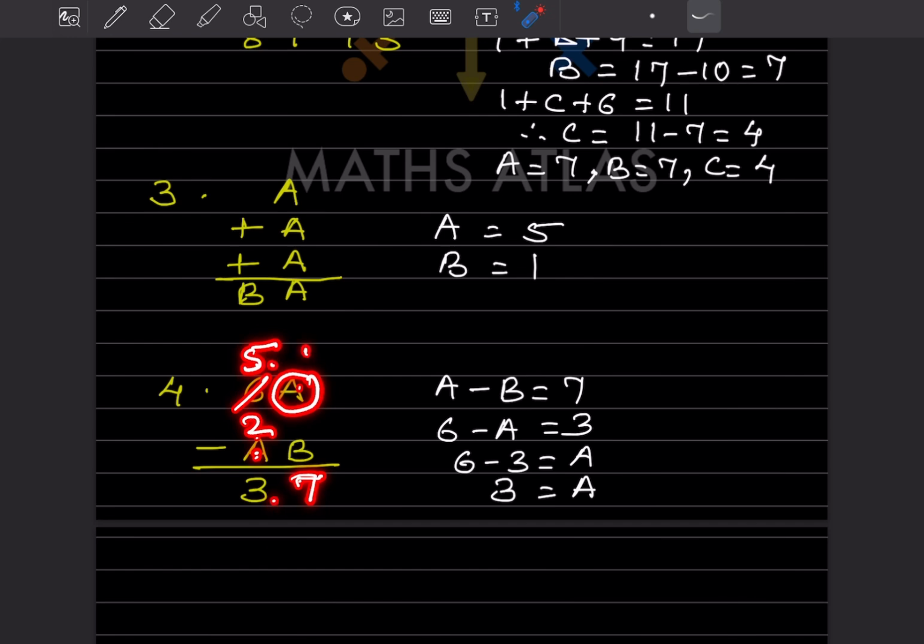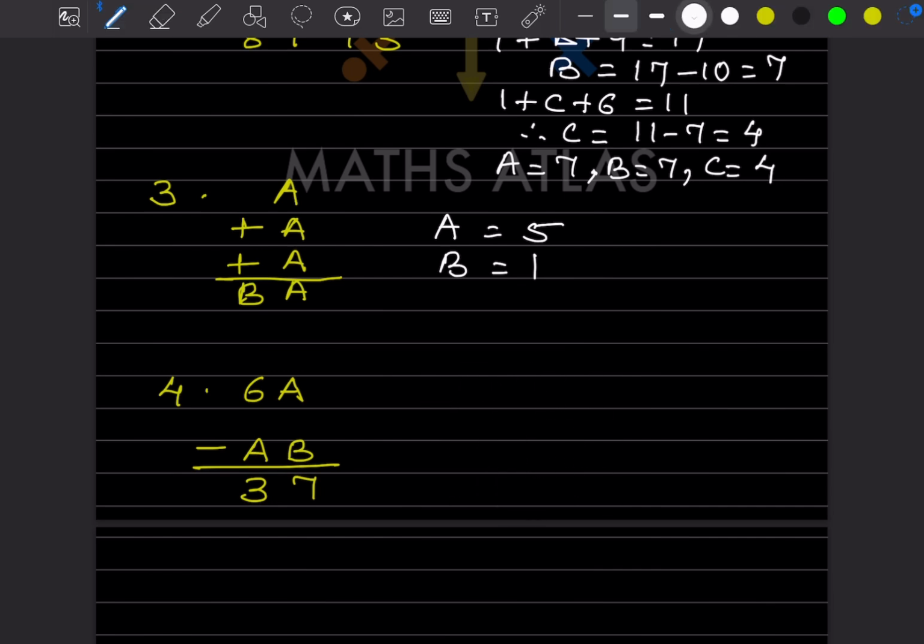Because if there is some big number, that is going to be borrowed. So this is going to be 5. And so A is going to be 2. So now A is 2. Hope you got this one. If this is 2, that means this also should be 2, but this is going to be 12.